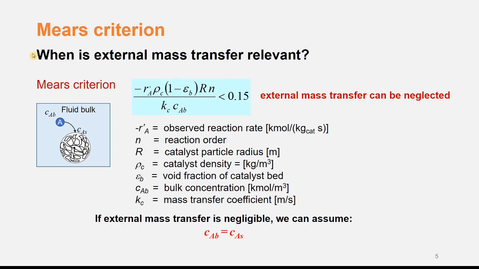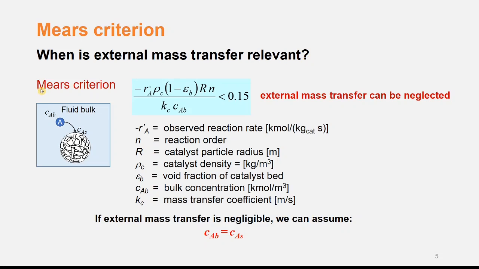Looking at the external diffusion now, just as we had different criteria to describe the relative rates of surface reaction and internal diffusion, the Thiele modulus and the Weisz-Prater criterion, we also have a criterion to help us determine when external mass transfer is relevant.